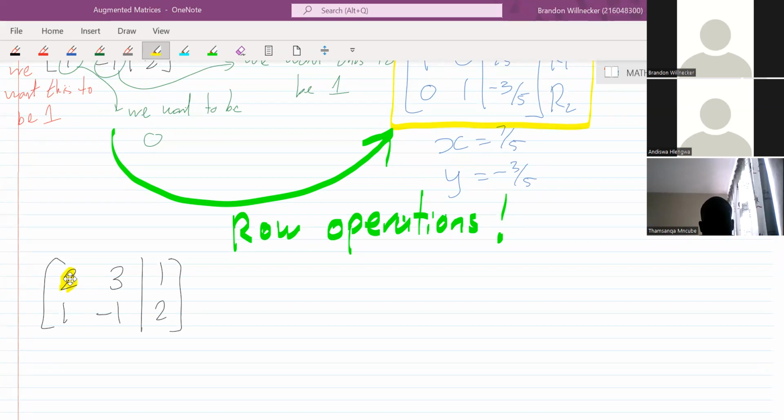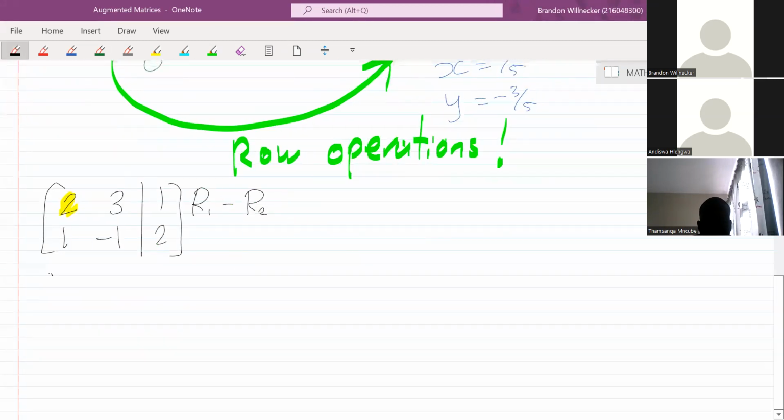But then we're going to be working with fractions because we're going to have 3 over 2 and 1 over 2. It's best to avoid fractions, right? Adding and subtracting fractions, that can get a bit messy. So what we could do is we could take this row 1 and subtract row 2, because the 2 minus 1 will give us the 1 that we need.